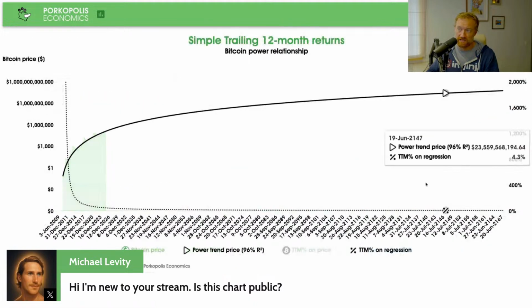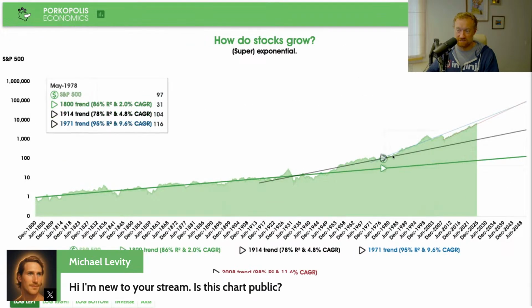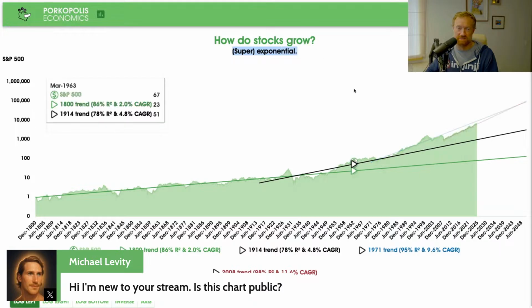When would Bitcoin hit 11.6% on the power curve? Right there. Not till 2062. But the stock market is going to probably be faster than 11.6% by 2032 with the nature of exploding super exponential growth, as Geoffrey West calls it.